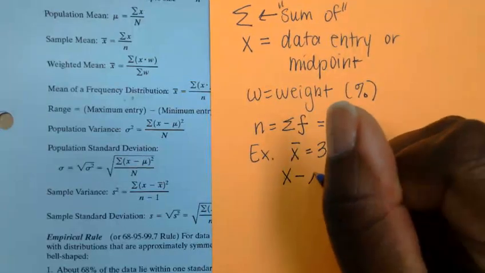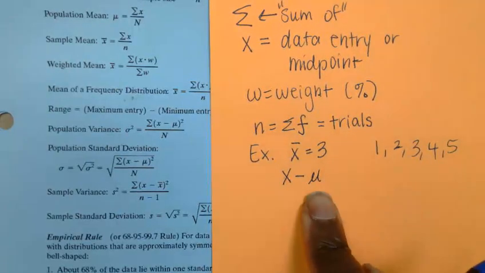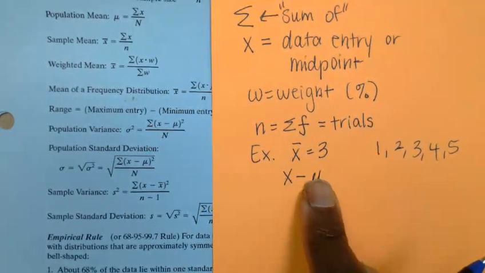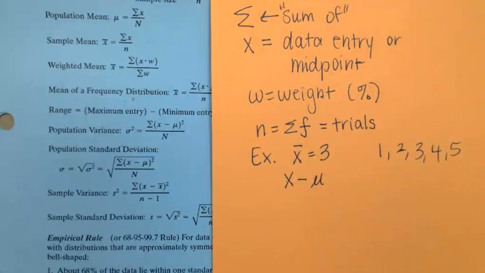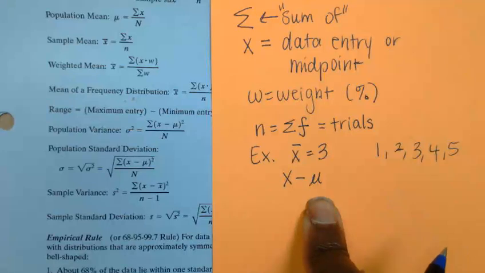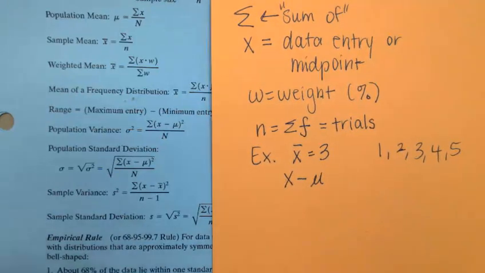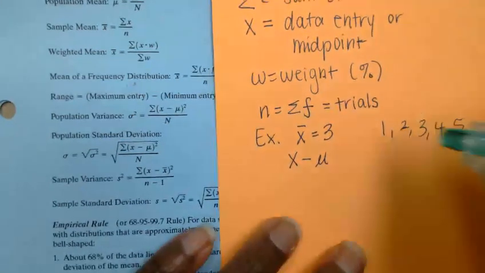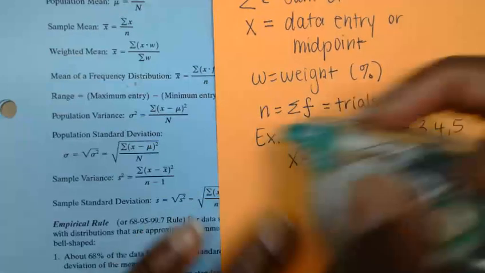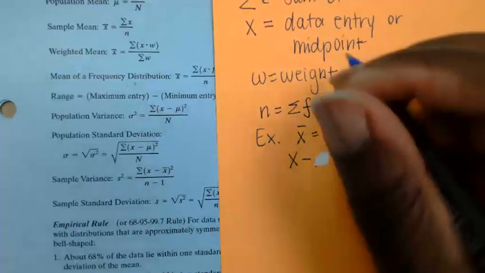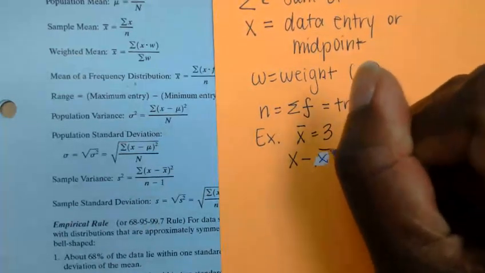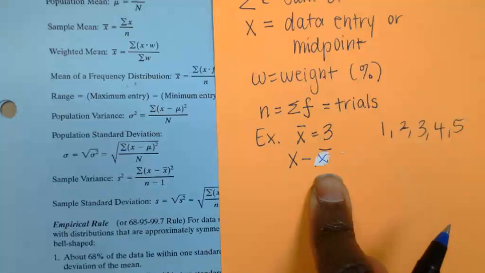X minus mean, or that mean, either one, means we're going to have to find the mean and then square it. So let me make it right. Since I have a sample mean, let me make sure I have my sample symbol.